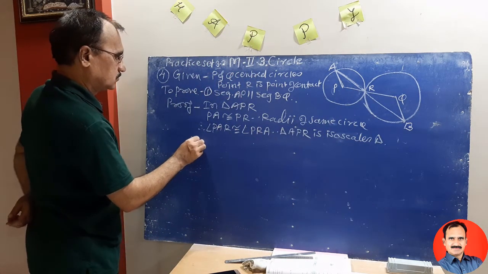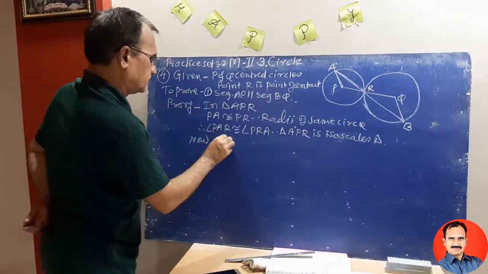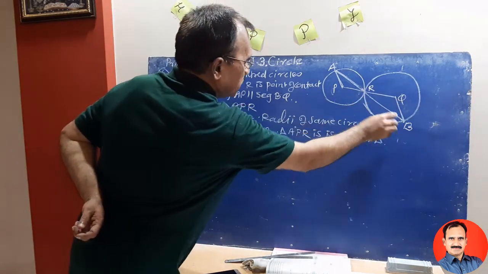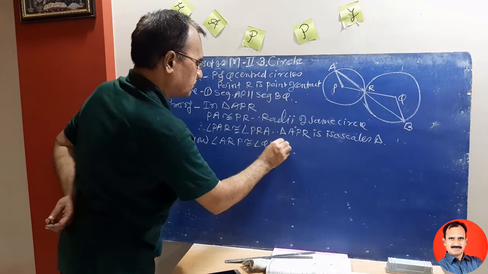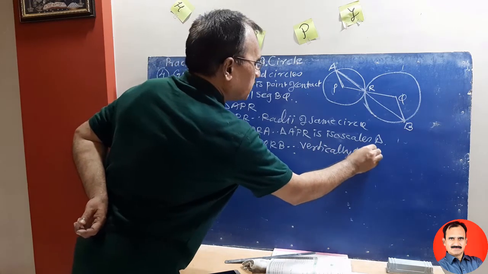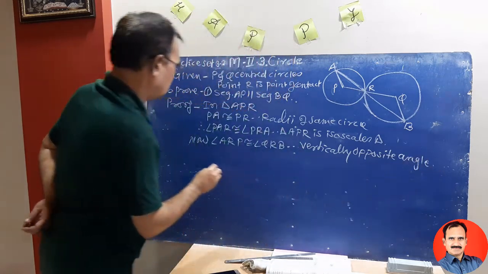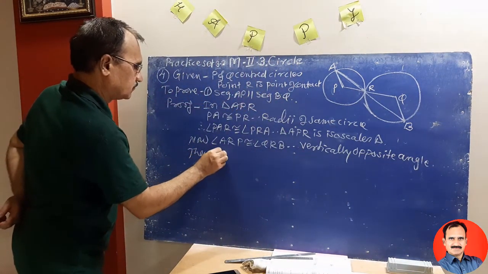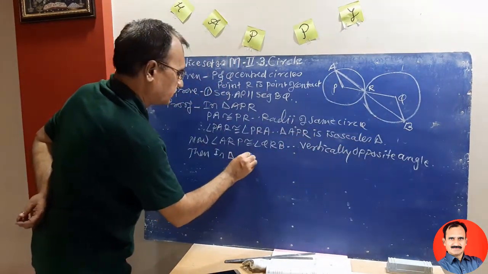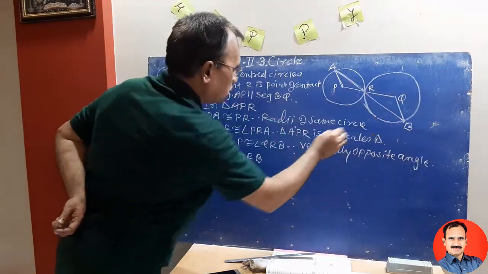Now, angle ARP is congruent to angle QRB, vertically opposite angles. Then in triangle QRB, QR is equal to QB.